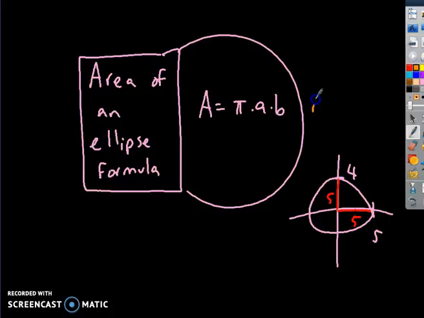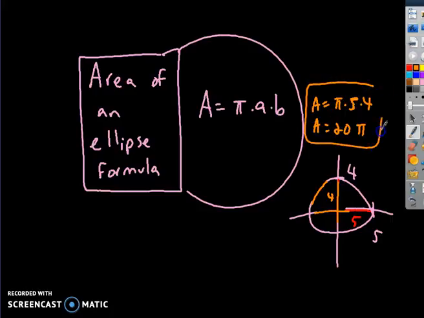So the area will equal pi times 5 times 4, 20 pi. So the area of that ellipse has to be about 20 pi.